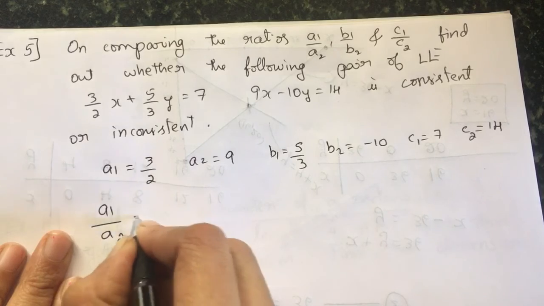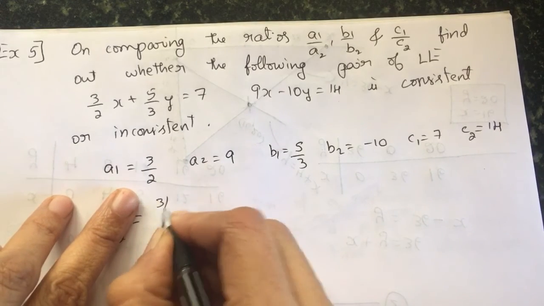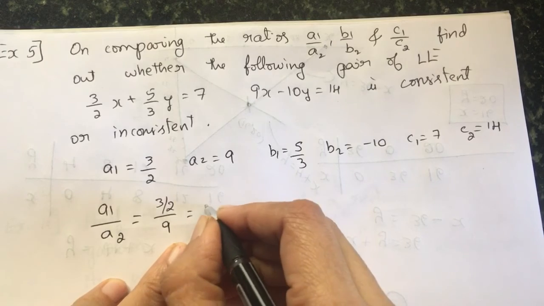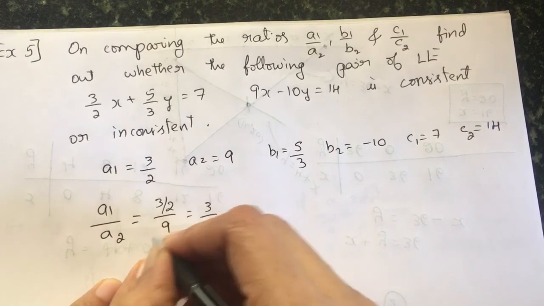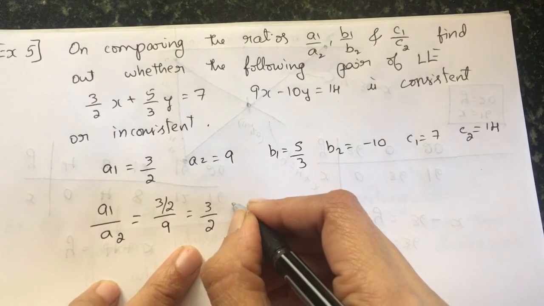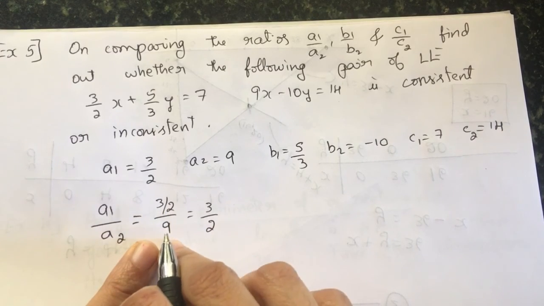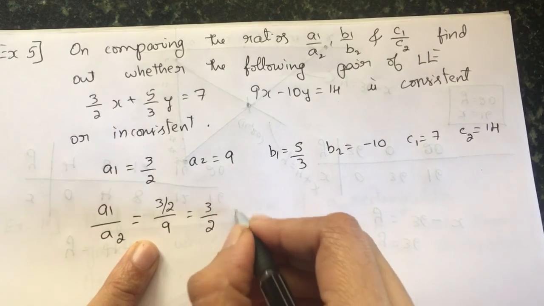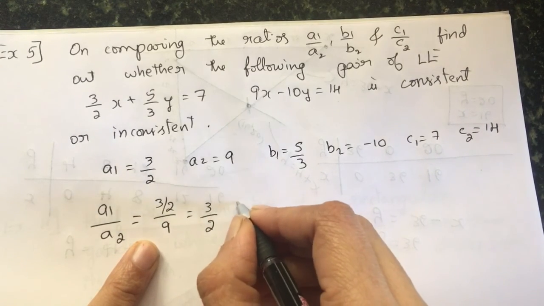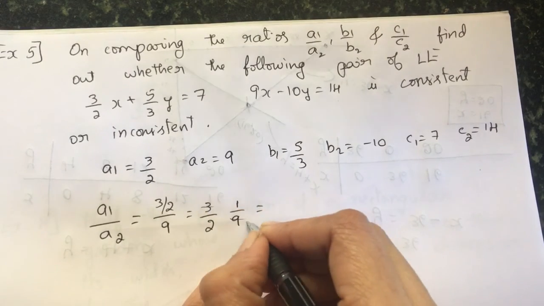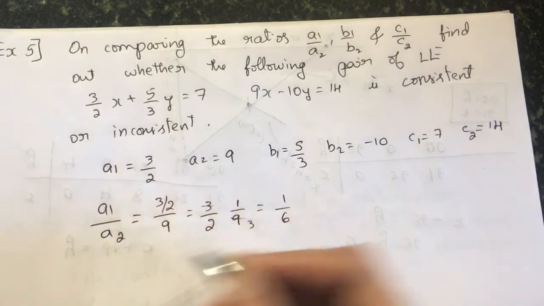A1 by A2 is 3 by 2 divided by 9, so it's 3 by 2 into 1 by 9, which will be equal to 1 by 6.